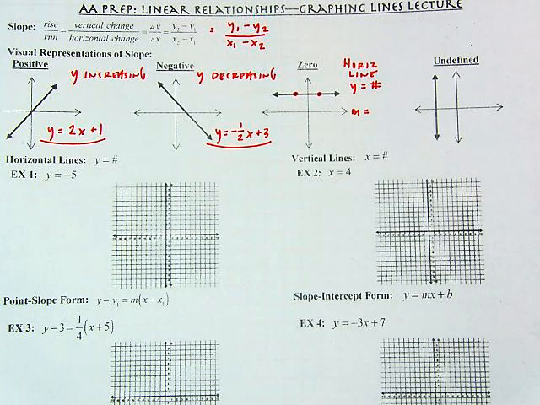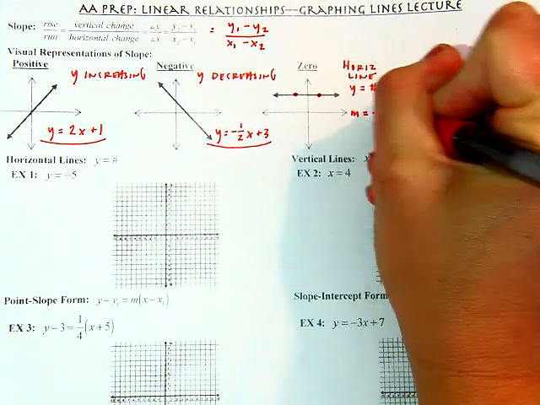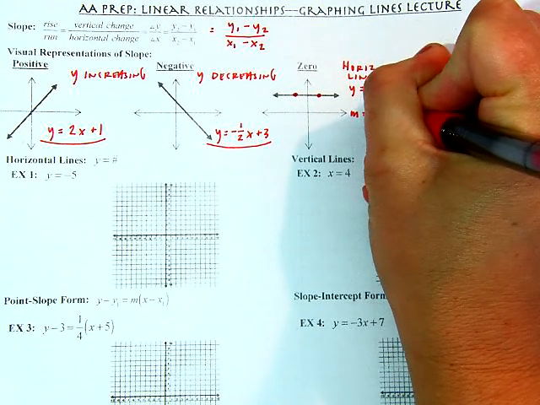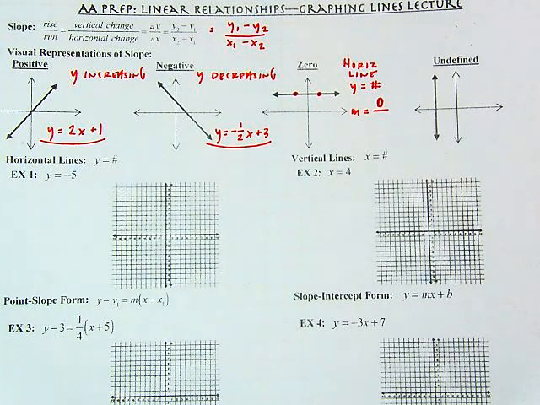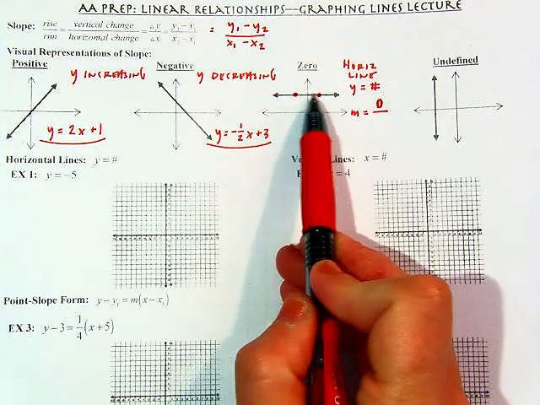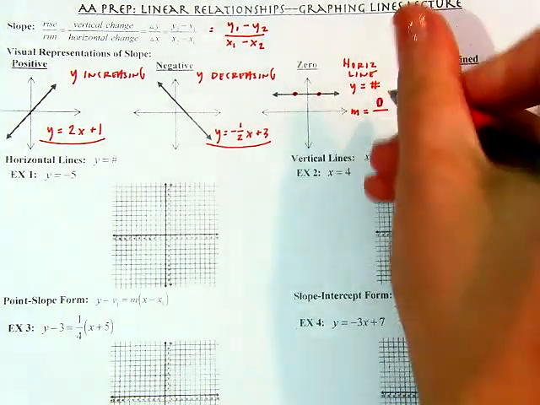I should see that with my y values, I don't have a change. It would be the same value, so it would be a number minus itself. I would have 0 on the top. And on the bottom, I would have some span between them, the horizontal change.